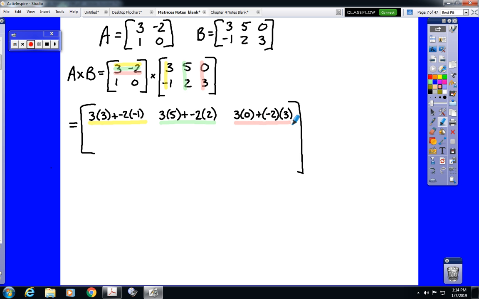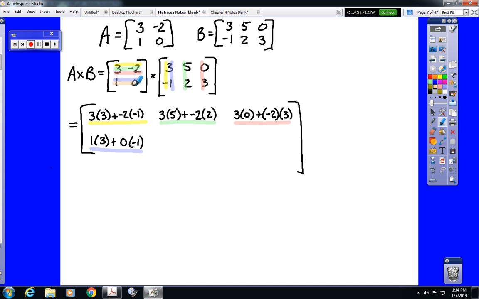All right. Next up, we have row 2 times column 1, which again will be located in row 2, column 1 of our answer. 1 times 3 plus 0 times negative 1. Okay.